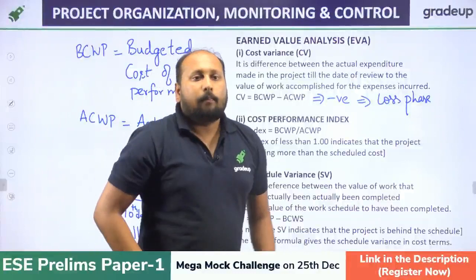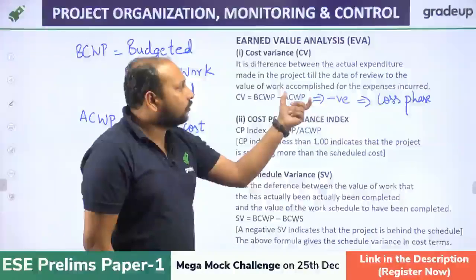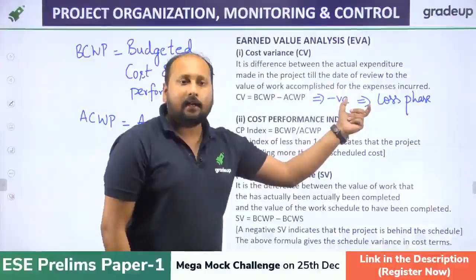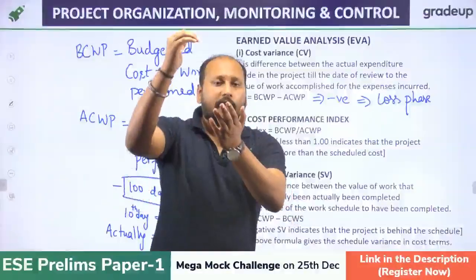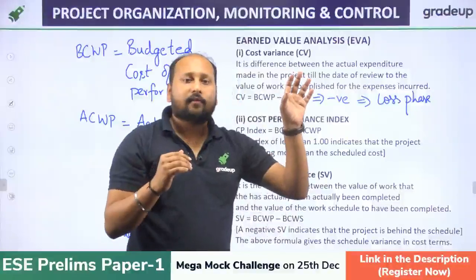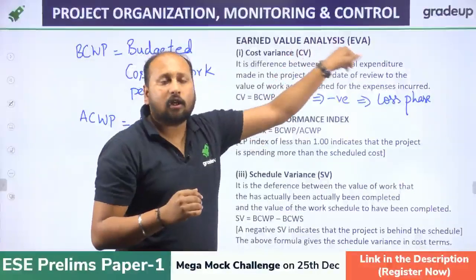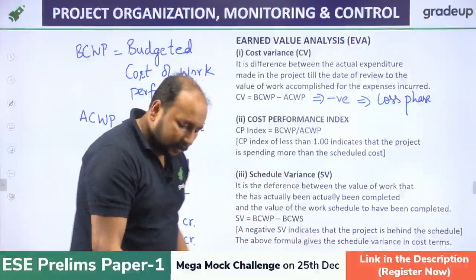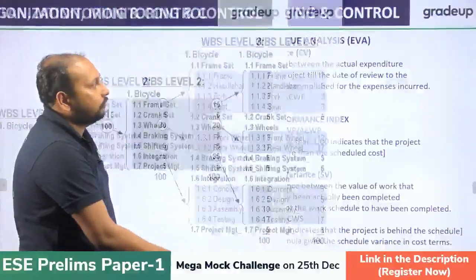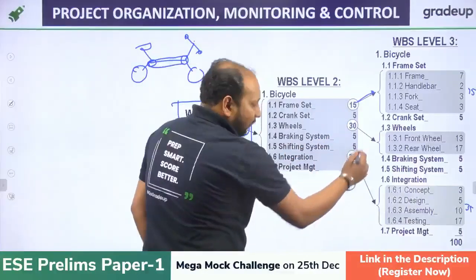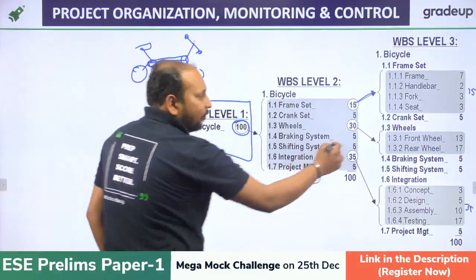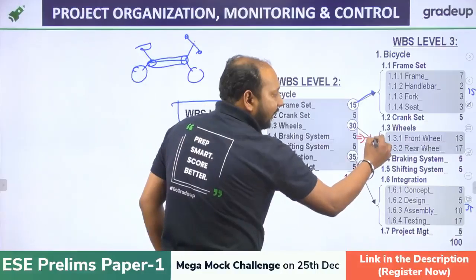Fine. So by using this cost variance tool, if you have made a table on the WBS for individual components, a CV table which is cost variance, you might find that in braking system the CV is coming out to be minus 10.